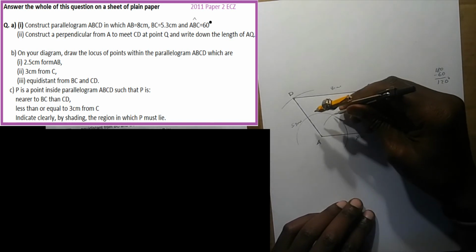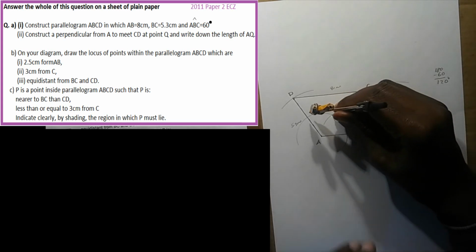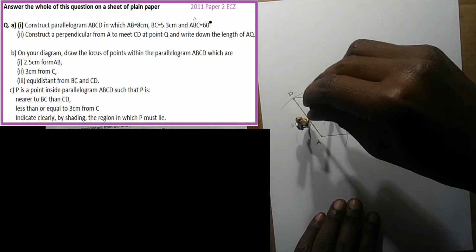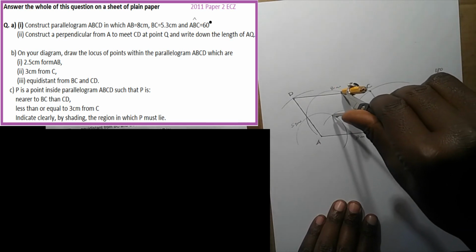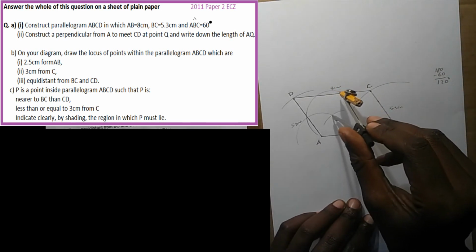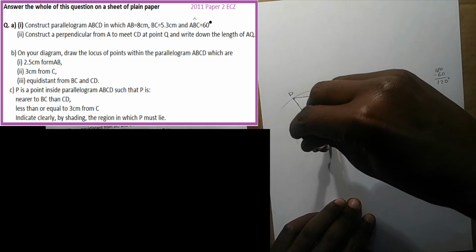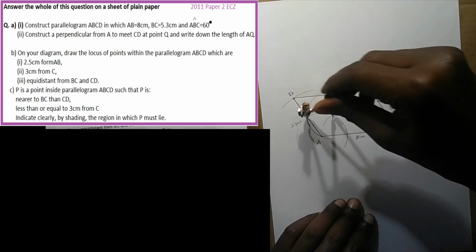And then from where the two arcs are intersecting, draw another arc which cuts the arc again. And so this one, let it be a bit long like this. Okay, so make sure it goes all the way like that.